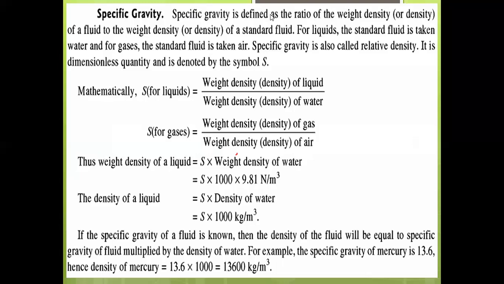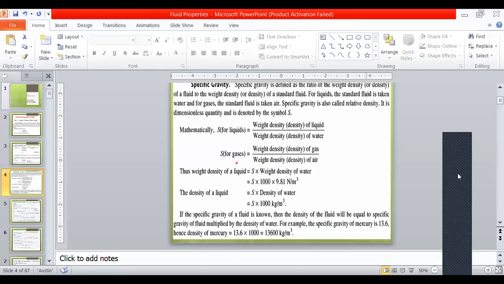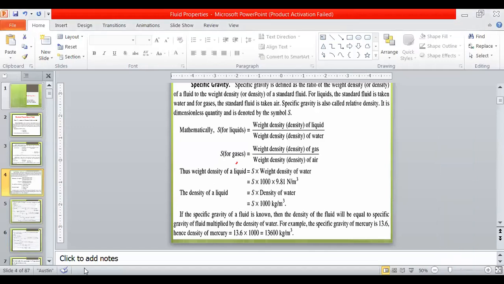It is the ratio of weight density of liquid to the weight density of water. Correct. Who has given the answer? Your voice is not audible, so if you speak it once again loudly. Whatever definition you have said, I listened, it is correct.